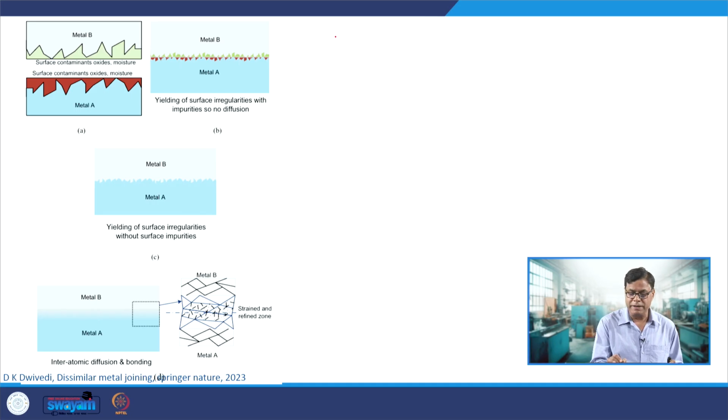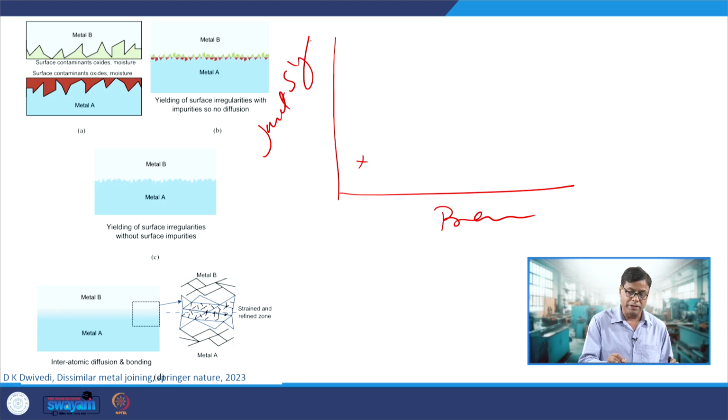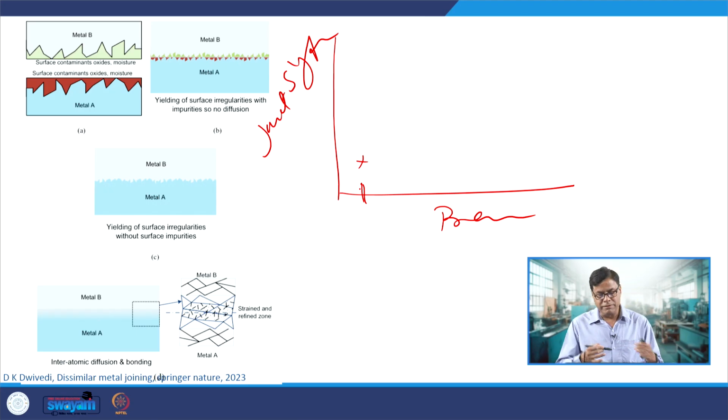So, let us see the effect of the pressure on load carrying capacity or joint strength. When we use less pressure, there will be a lot of interfacial voids, and that will reduce the metal to metal contact, and therefore our joint strength will be limited.